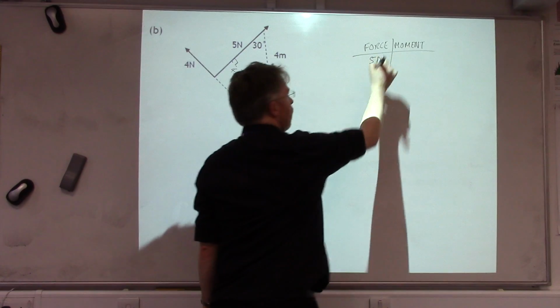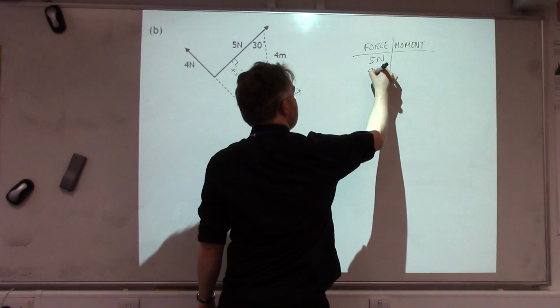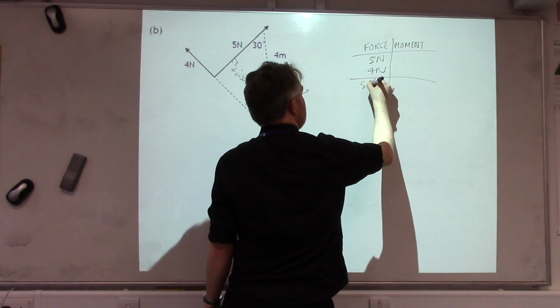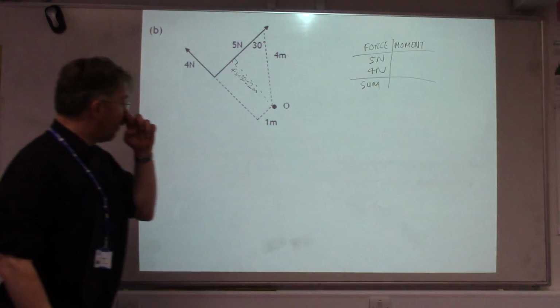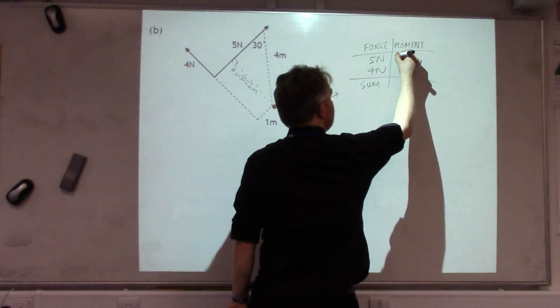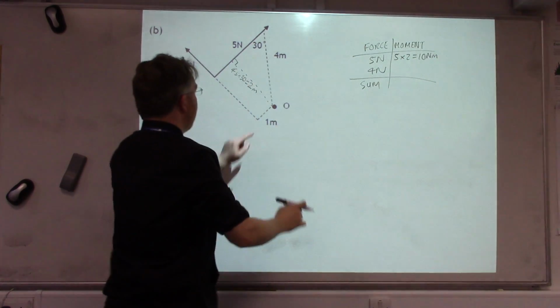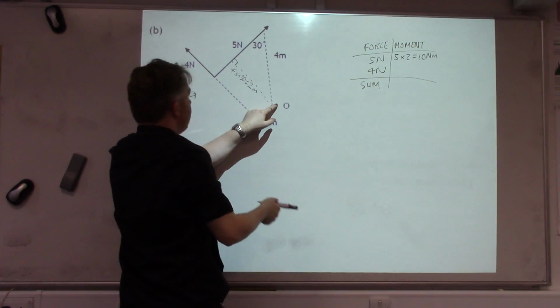Two forces, 5 newtons and 4 newtons. So the 5 newton we've worked out to be 2 metres away, so 5 times 2 is 10. And that would spin in a clockwise direction.